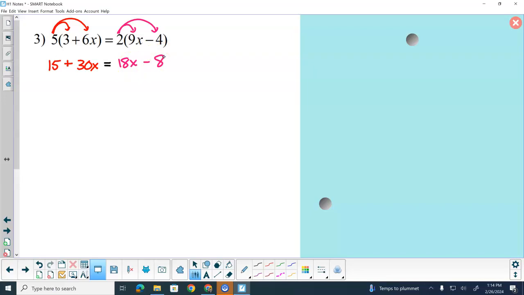Okay. Fractions. No fractions. Combine like terms. No. Okay. Subtracting. What do we want to subtract or add first?